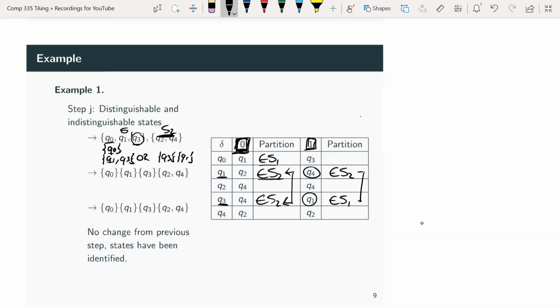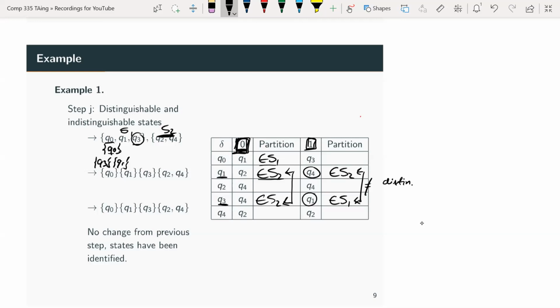So for 1, they go to different partitions, because for at least one symbol, they go to different partitions. They are distinguishable, meaning that this scenario does not occur. In fact, it is this scenario here that occurs. So Q0, Q1, and Q3 are all part of different partitions.